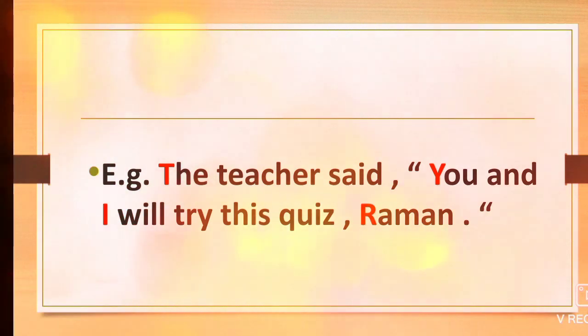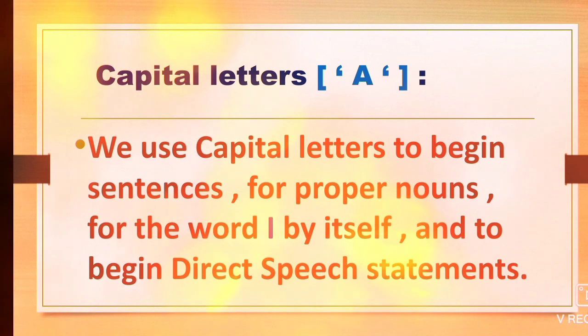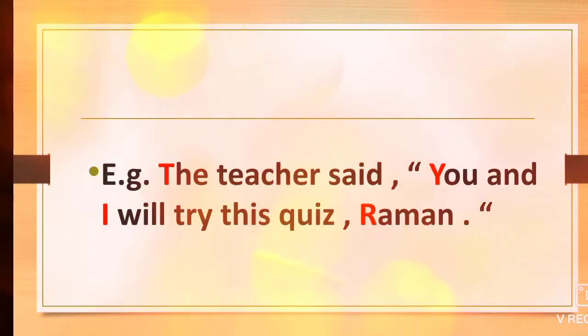Here it gives all: the beginning of the sentence, proper nouns and I, and this sentence is direct speech. Look here, The is the beginning of this sentence, so we write T as capital, then I is capital, and Raman is a proper noun. So you use capital letters for the first letter of these words.